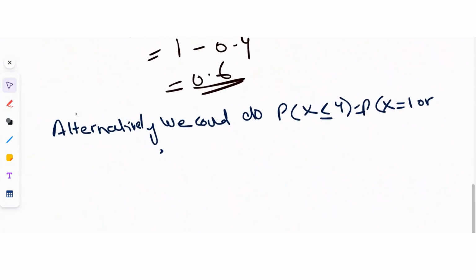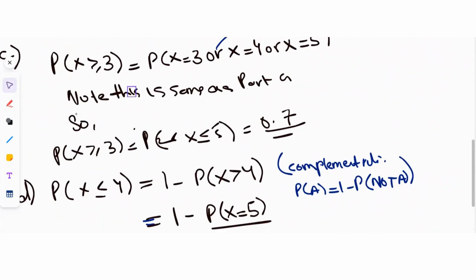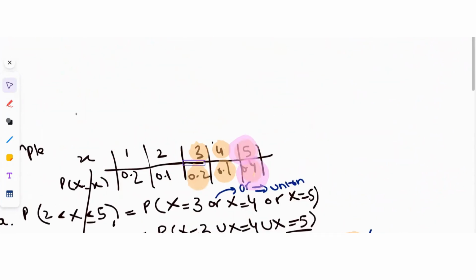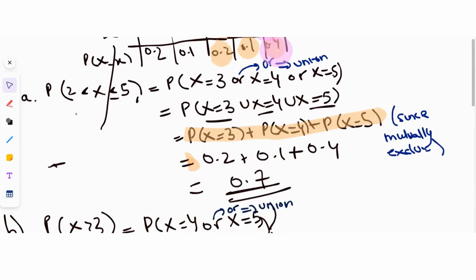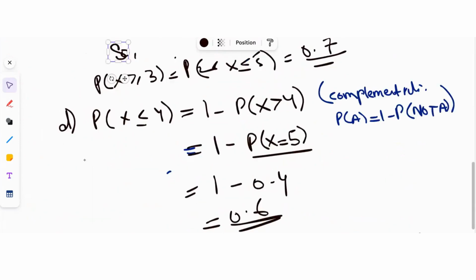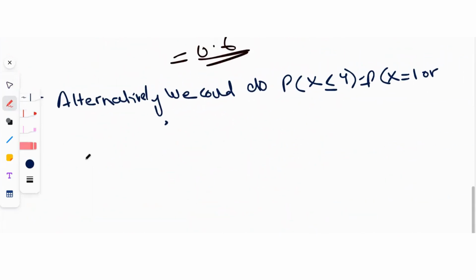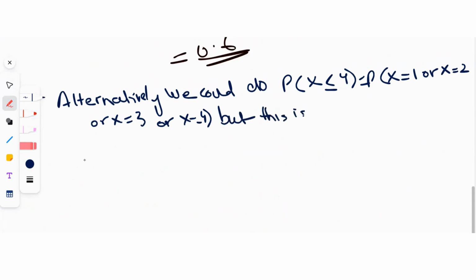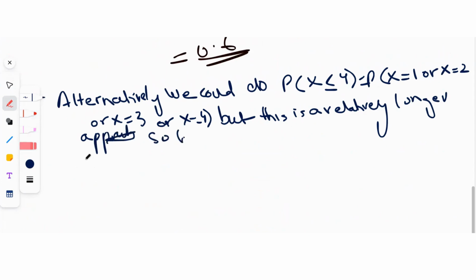Given this random variable, x greater than 3 means it can be 4 or 5, and greater than 4 means it can only be 5. Alternatively, we could do probability x is less than or equal to 4 as probability x is 1 or x is 2 or x is 3 or x is 4, right? You could find it like this, but this is a relatively longer approach. If we sum up the PMF, it's better to use the complement.